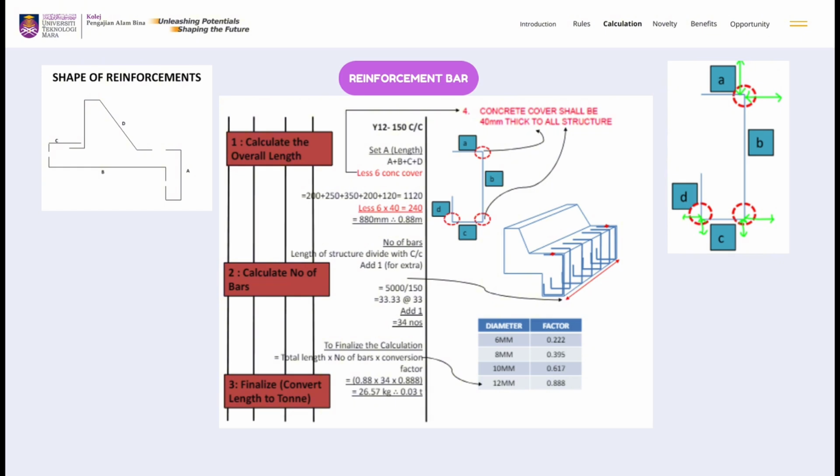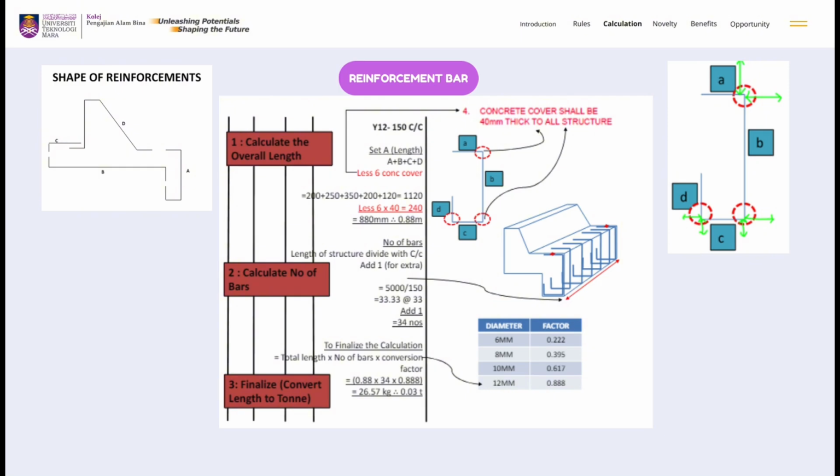Then to calculate the number of bars, you can use the formula, which is length divided by center to center of each bar, then add extra 1. The last is to finalize the calculation, you need to get the total length times the number of bars and the conversion factor to get the amount of reinforcement in kilogram.